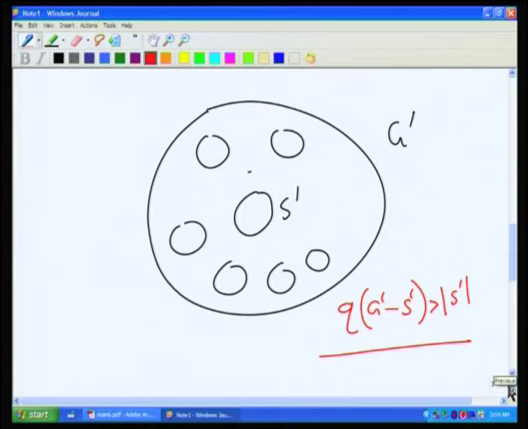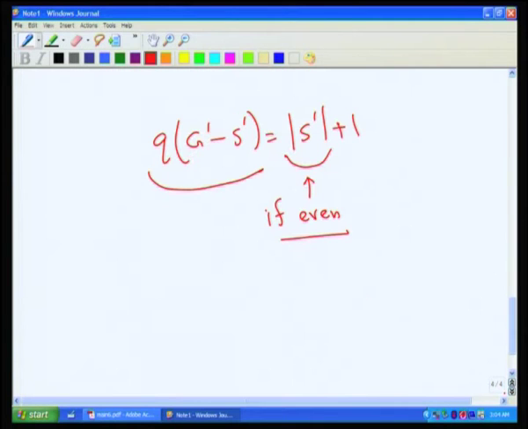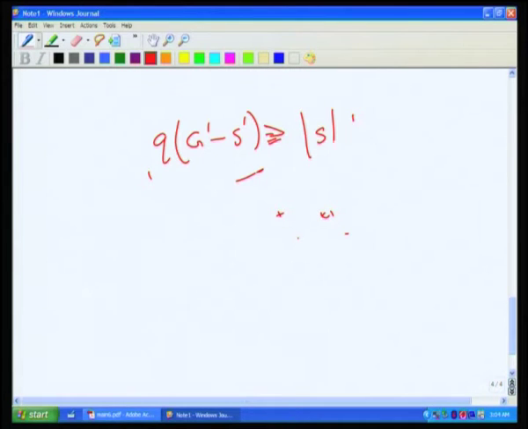Right. So, we are telling that can we show that the number of odd components of s dash has to be at least, strictly greater than or equal to 2.